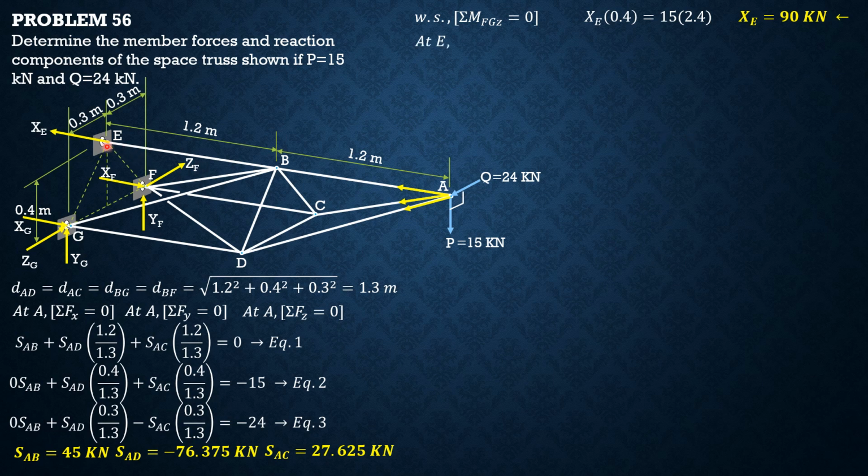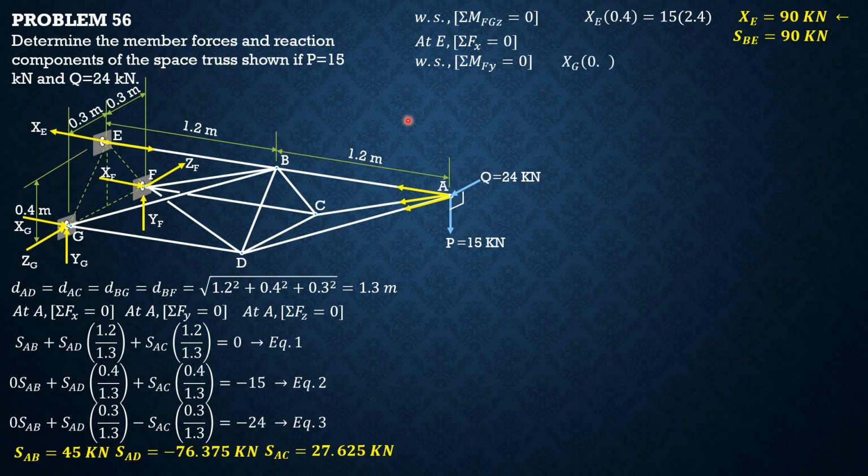Then at E, summation of forces X equals 0. Let's call this SBE. So SBE rightward equals 90. So SBE is 90 kilonewtons tension. Then whole system, summation of moments about FY equals 0 to solve for this reaction XG. By the right thumb rule, XG is positive, then XE is negative, 24 is negative.